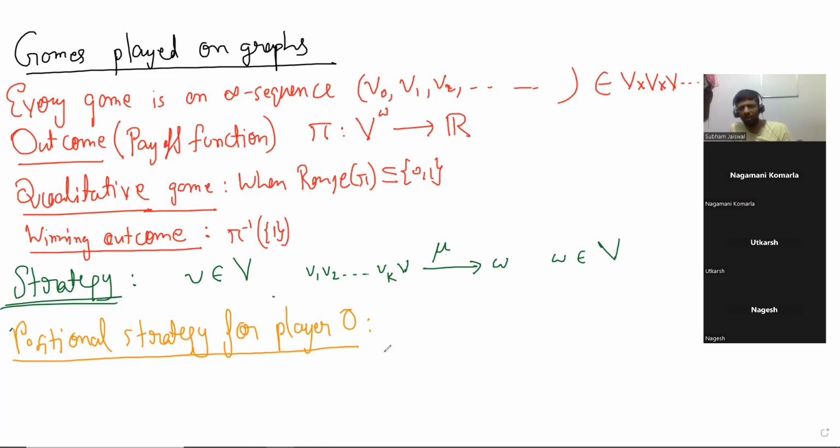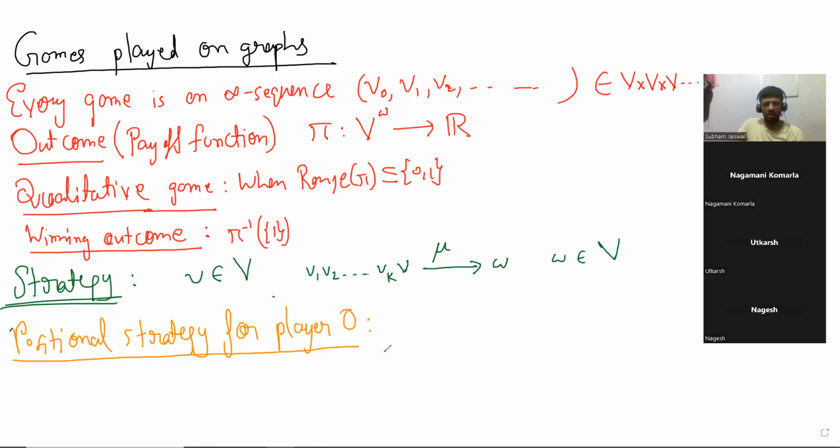Okay, but there should be something more, right? Positional strategy should depend on where you are also, which vertex the game is at. You have to choose an edge which will take you to the winning vertex. Right, so we have to choose an edge, but what will that choice depend on?